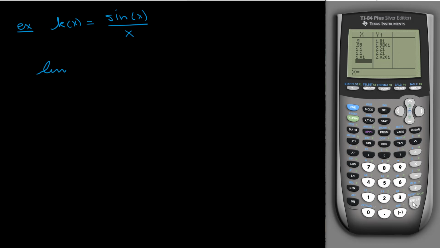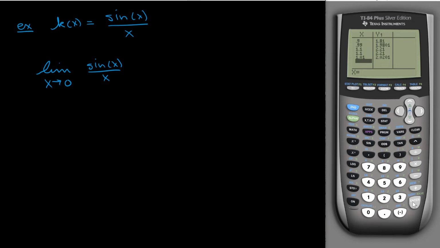Let's say we want to know what is the limit as x approaches 0 of the sine of x over x. Now, right away, you should know there's a problem here because we cannot substitute the value x equals 0 into this function because it'll give us sine over 0. And fractions that have 0 in the denominator aren't defined.